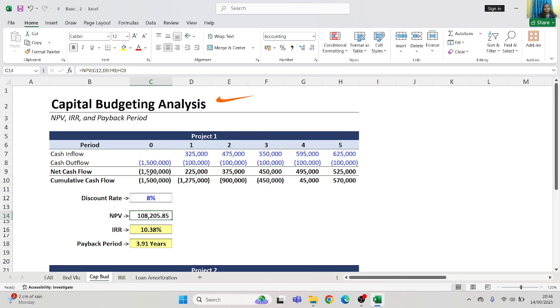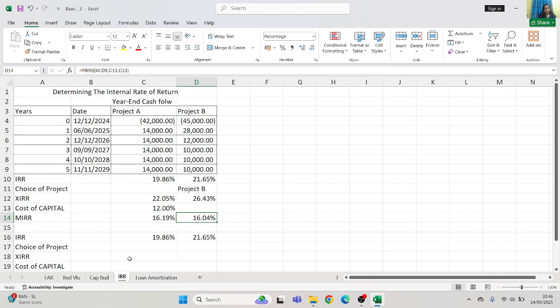For NPV, in this Excel sheet, we show how we can measure IRR, XIRR, MIRR with the given information of cost of capital.